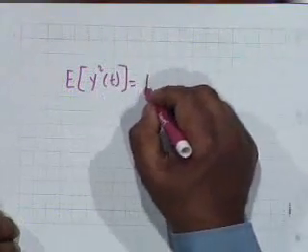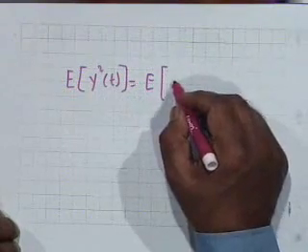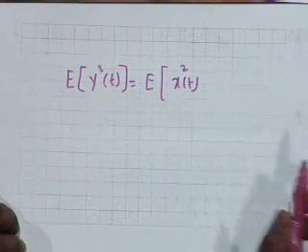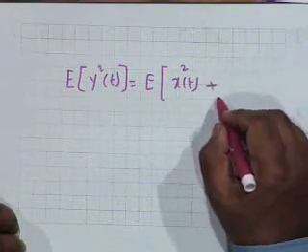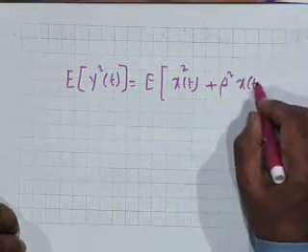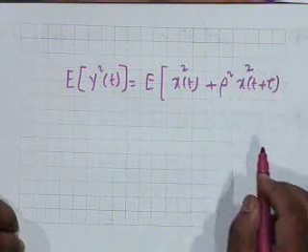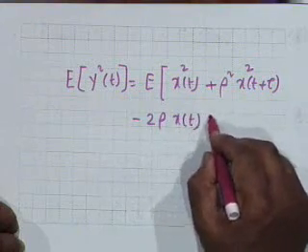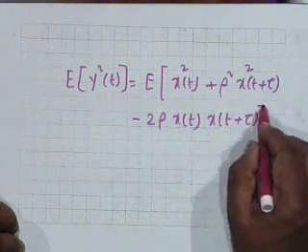Let us see what is the expected value of y squared. The expected value of y squared is the expected value of the square of x of t, plus rho squared x of t plus tau squared, minus twice rho x of t times x of t plus tau.